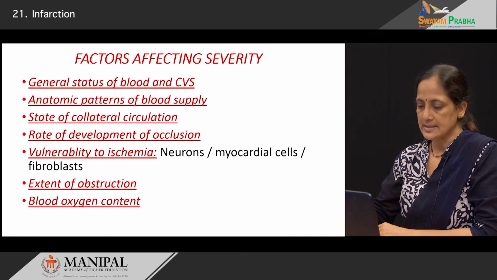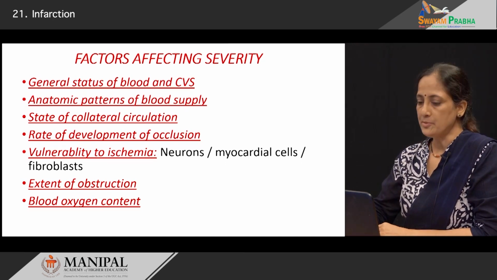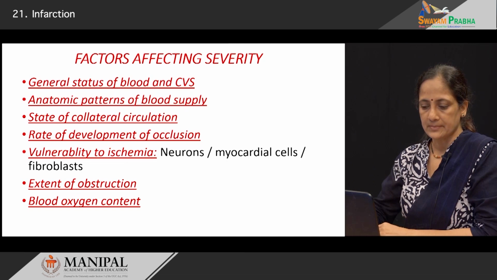Vulnerability of the tissue to ischemia. The neurons and myocardial cells are highly prone to ischemic necrosis. Hence, the type of tissue that is subjected to hypoxia matters. The extent of obstruction in a vessel also determines the degree of infarction. A small obstruction in a small vessel means only a small infarct results.